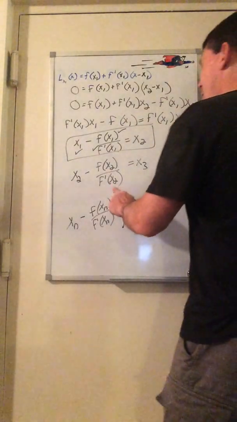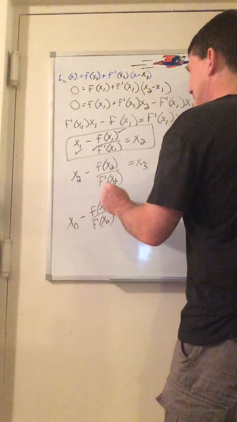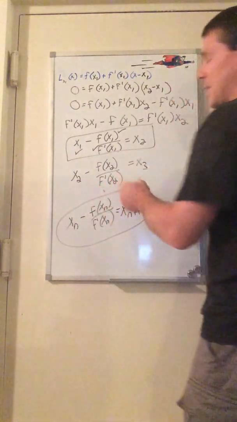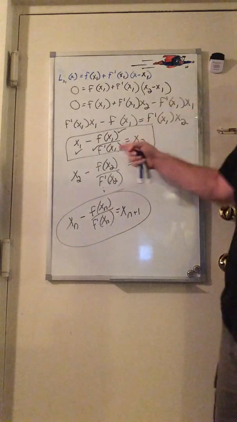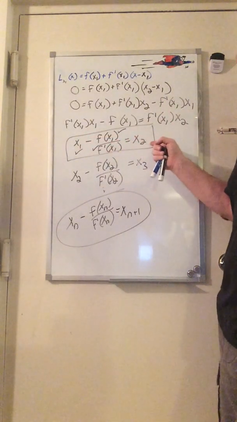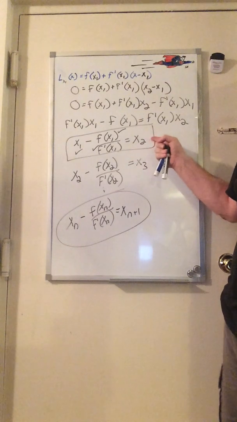And again, all of you should be used to this notation, the x sub n plus 1, from sequences and series and trig and all that. But again, now the idea is, given a function that I can find the derivative of, I can pick an approximation, a point maybe close to the 0 that I'm looking for, plug it in. From that, I can get an x sub 2, which hopefully is a better approximation.